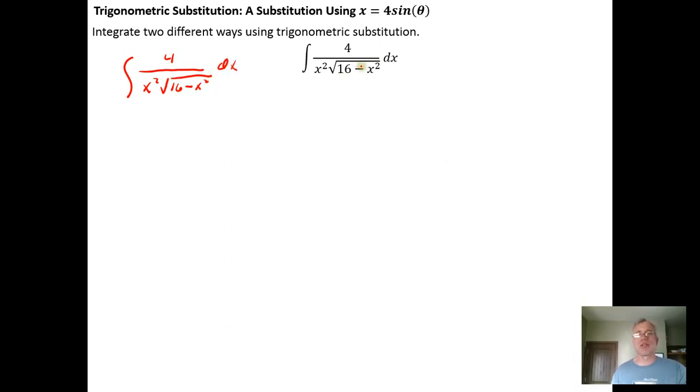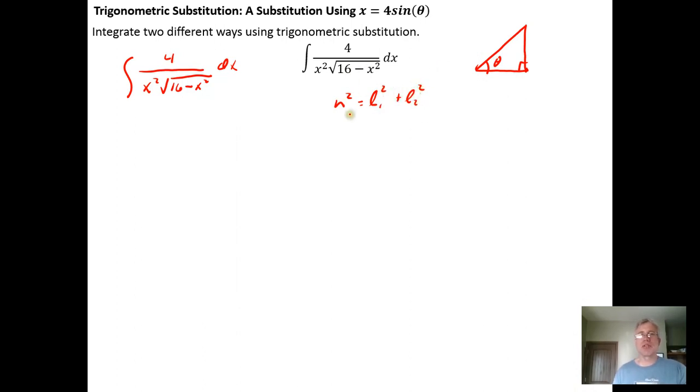What we want to notice is that we have a difference of squares underneath the radical sign, which indicates to us that a trig substitution is possible and may or may not be helpful. So if I set up a right triangle with angle theta, remember that the hypotenuse squared equals the sum of the squares of the legs.